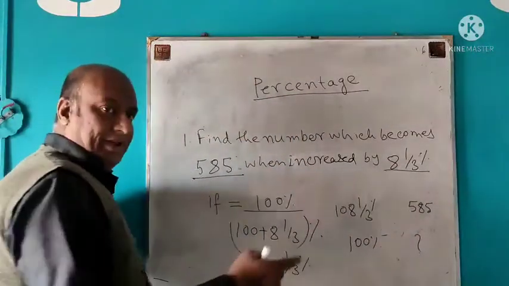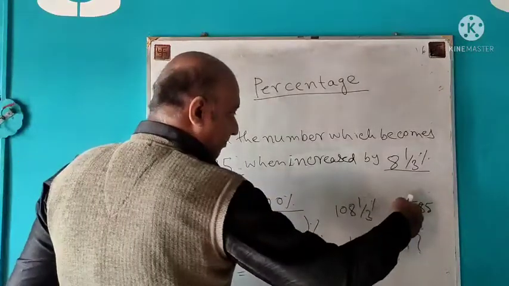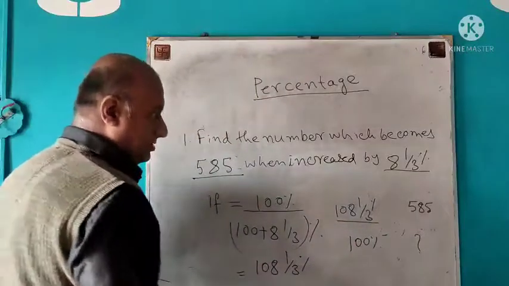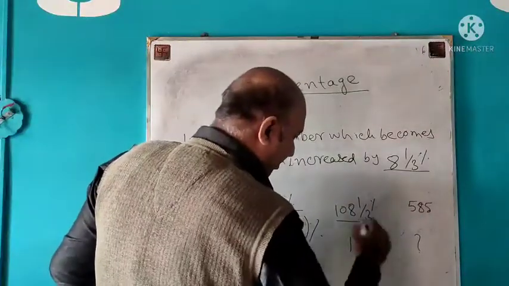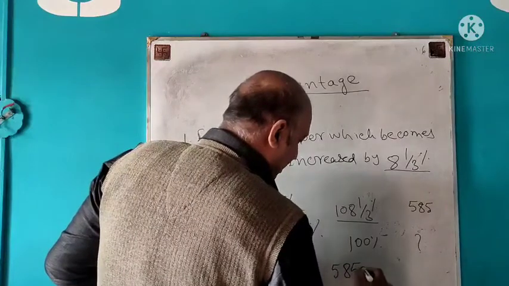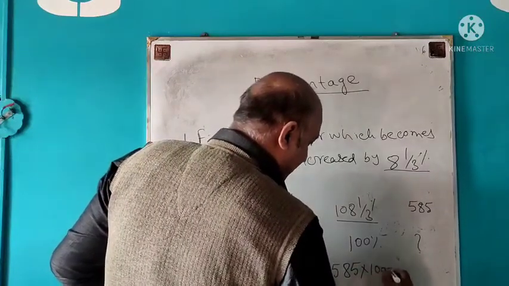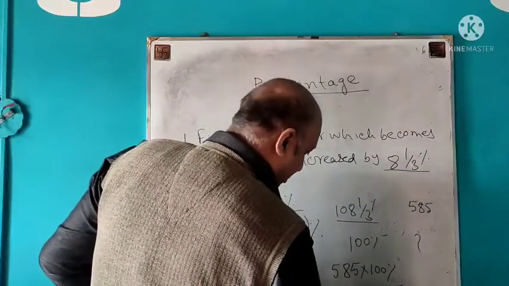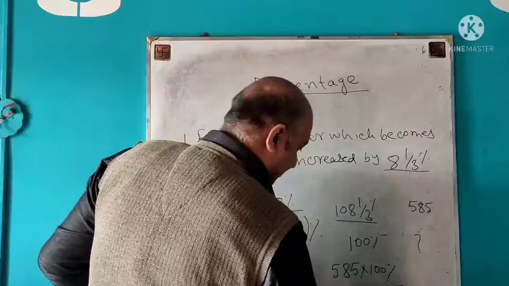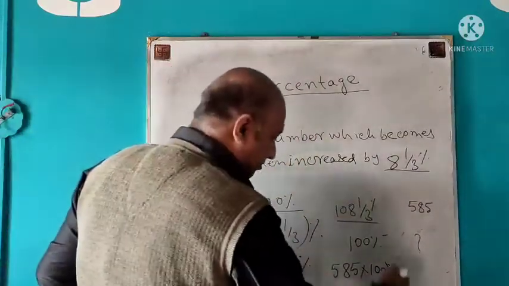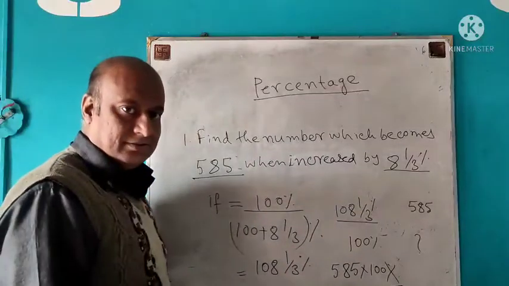In the ratio we have learned that this multiplied by this divided by this will give me the answer. So to find out the value of 100%, 585 multiplied by 100% divided by 108 whole 1 by 3%. First we cancel percent and the calculation remains like this.